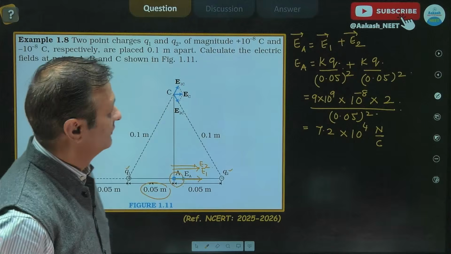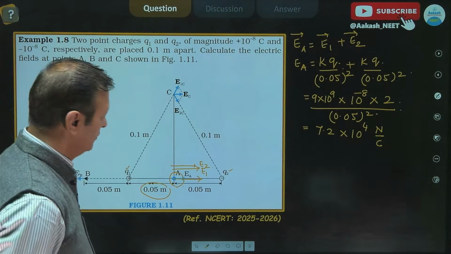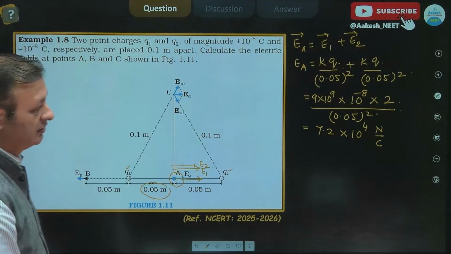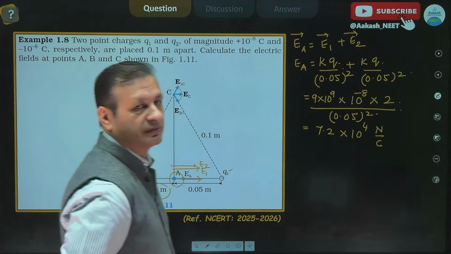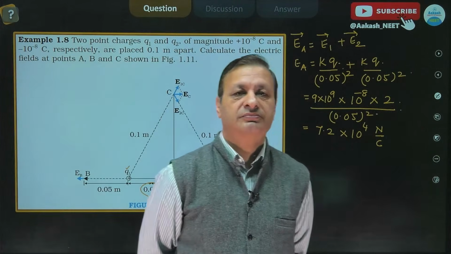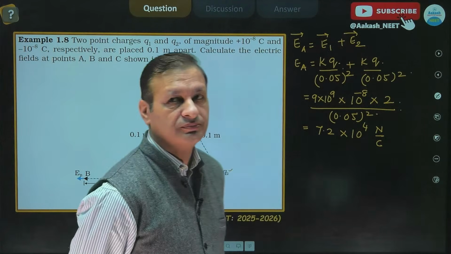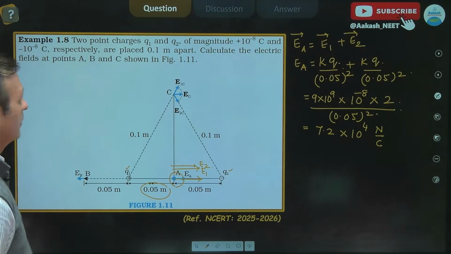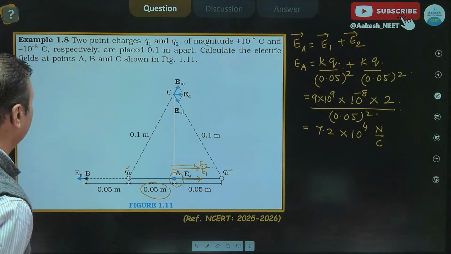So this is the resultant electric field towards the right-hand side, and this is the magnitude for that electric field. Any doubt from this part? Fine. So we are done with electric field at point A.